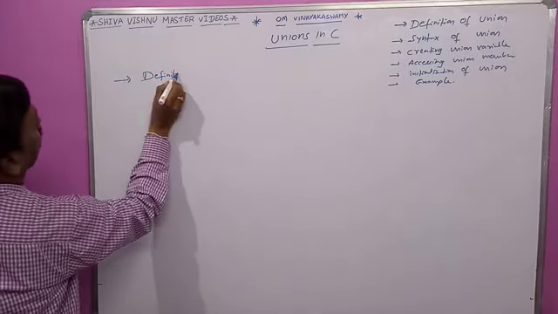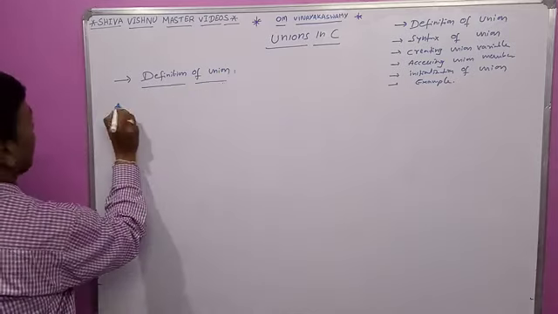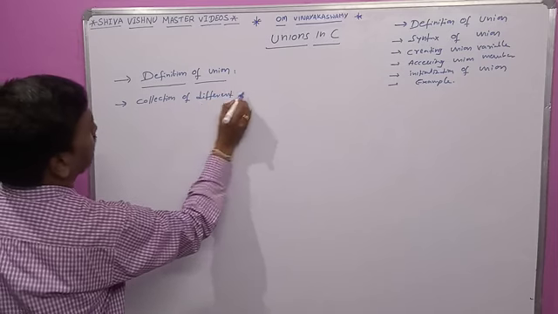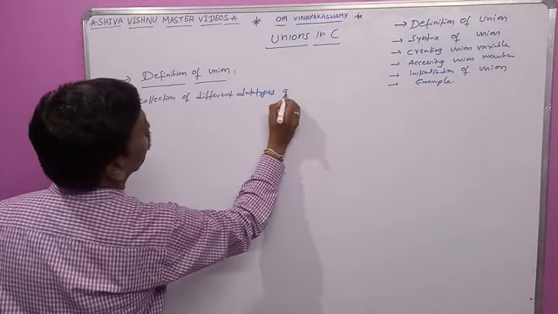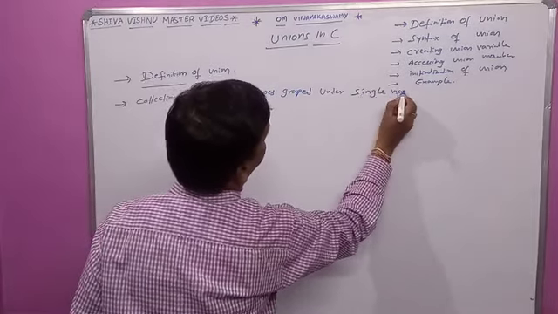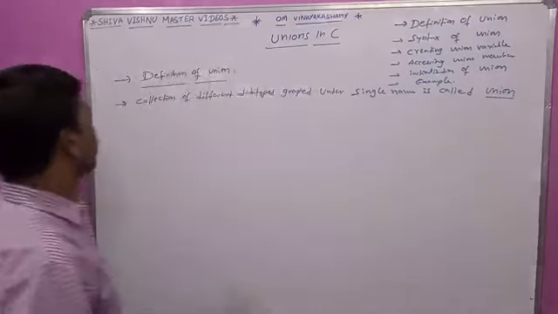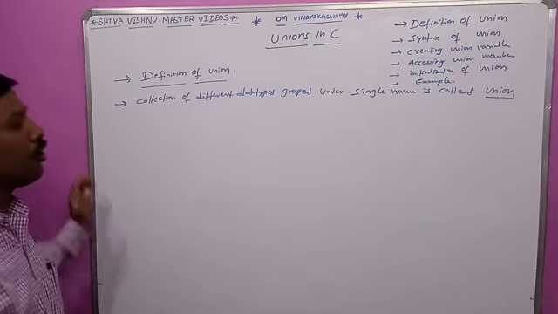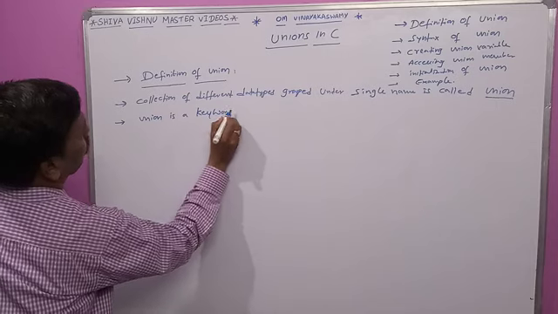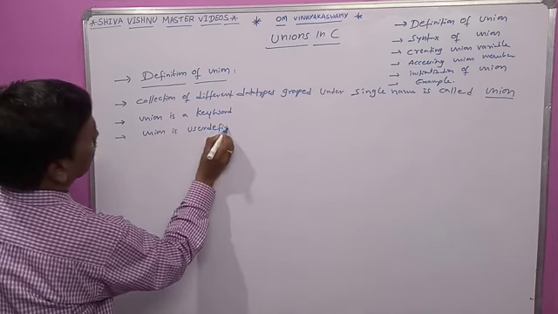Definition of union: a collection of different data types grouped under a single name is called a union.